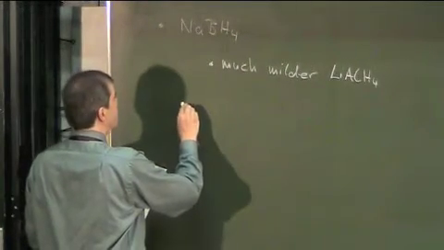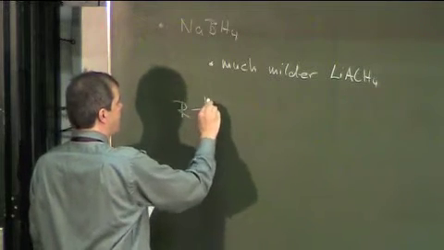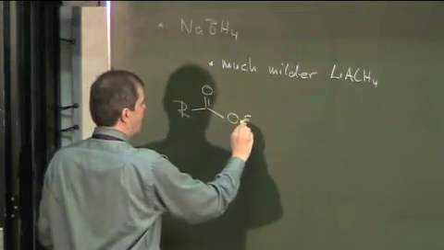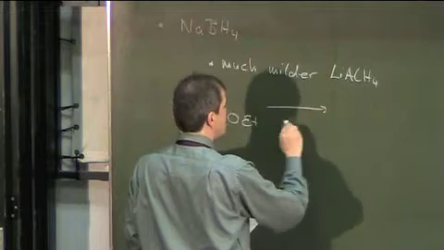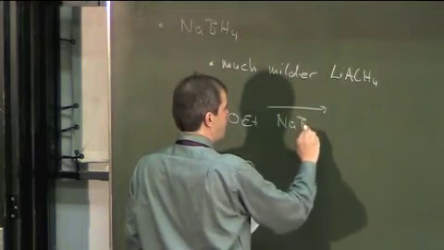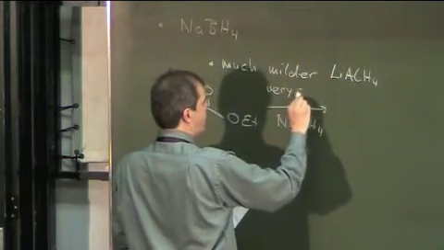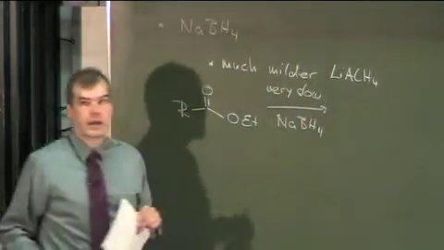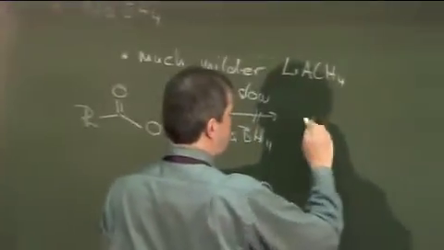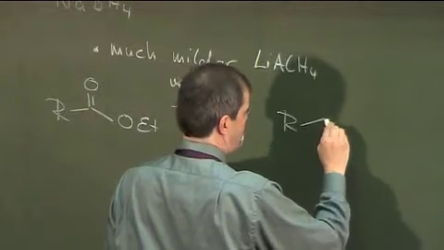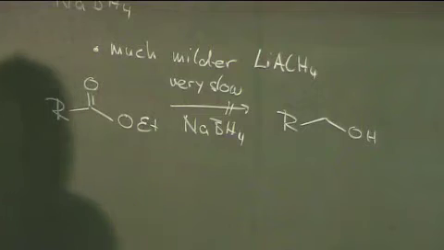And typically, the reactivity also changes if you look at ester compounds. This is the one thing you should remember here. Sodium borohydride reactions with esters are very slow at best. As a general rule of thumb, you can remember that they practically do not react to whatever you would be expecting here, alcohol or aldehyde.